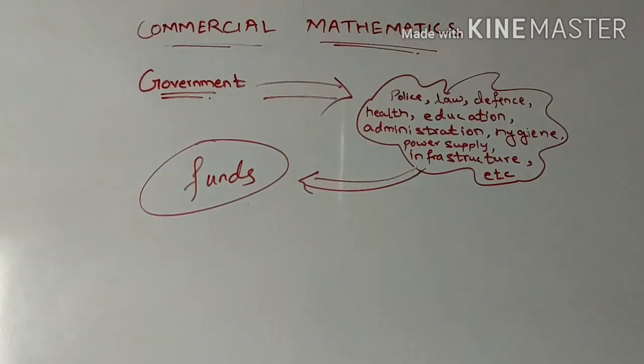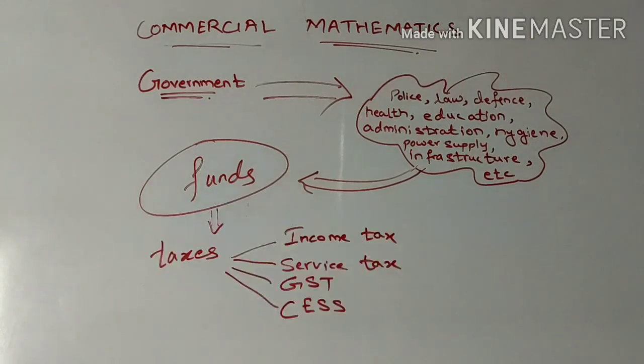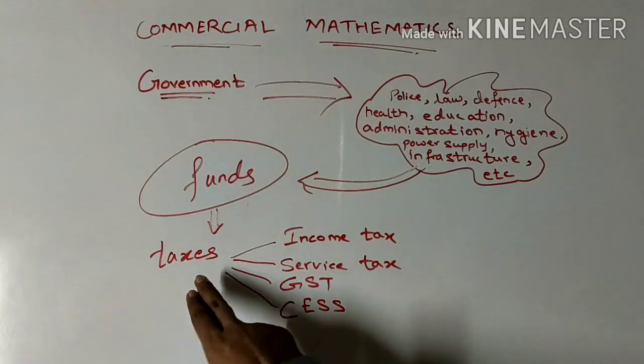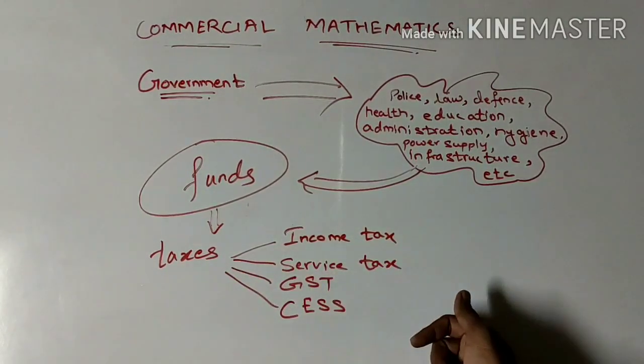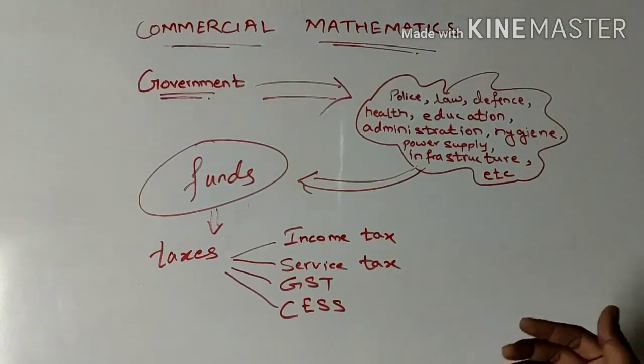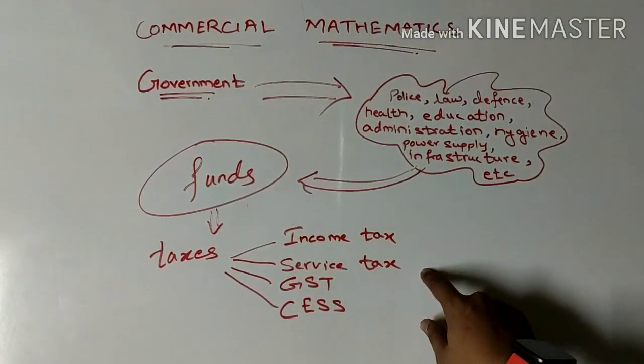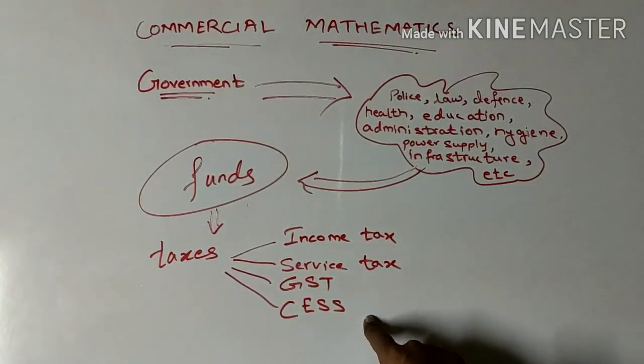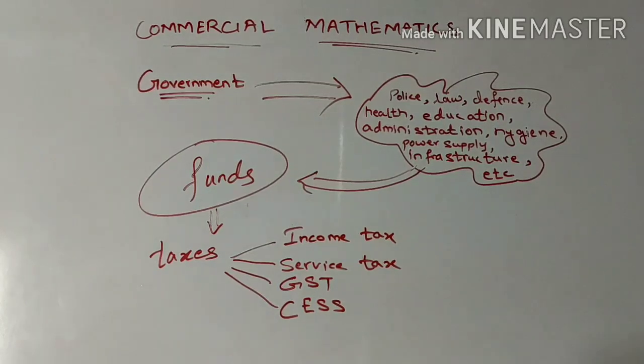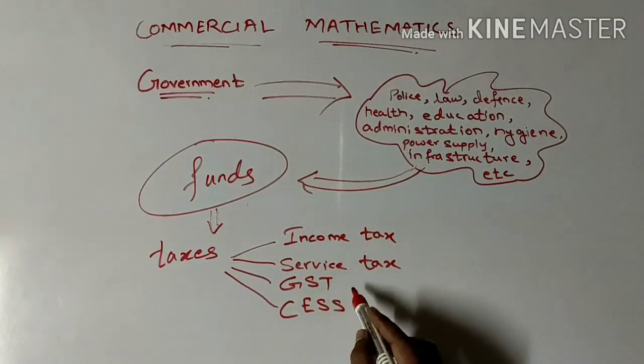So where does this funds or money come from? So the government collects these funds from the taxes, and the taxes are of various types. Income tax, you may have heard about it many times in the advertisements, service tax, GST, cess, and various other taxes.